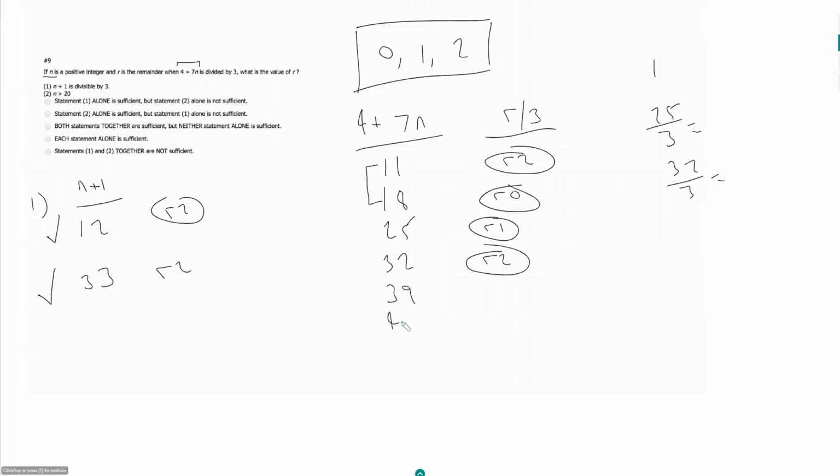39, 46, 53. So n plus 1 is not divisible by 3. N plus 1 is not divisible by 3. 54 is divisible by 3.